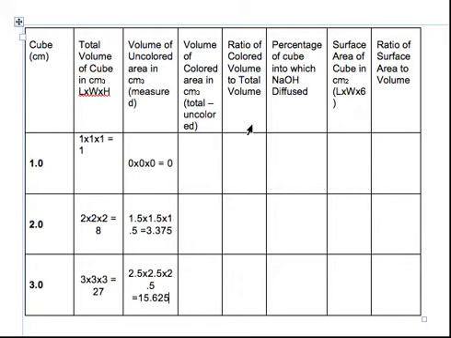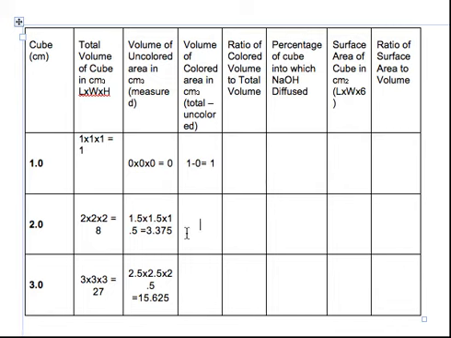For the next portion, it wants to know the volume of the colored area. This would be pretty difficult to measure and calculate out. That's why we went ahead and measured the uncolored area first. Once you do this, it's very simple. You're going to subtract the uncolored area from the total volume. So in this case, it's 1 minus 0, which of course is 1.